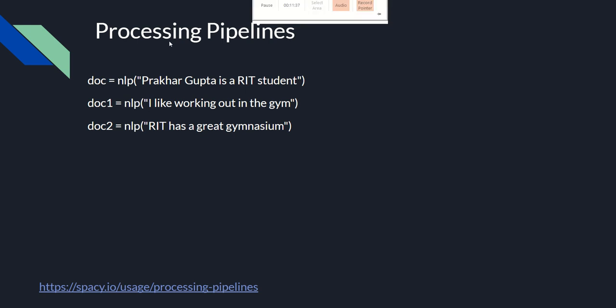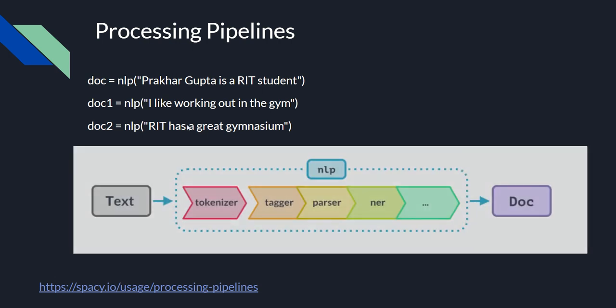Processing pipelines. This is one of the most essential parts of SpaCy. If you see all these sentences, there is something common between all of them: they all have this keyword nlp. What SpaCy does at the back end is create a whole pipeline called nlp.